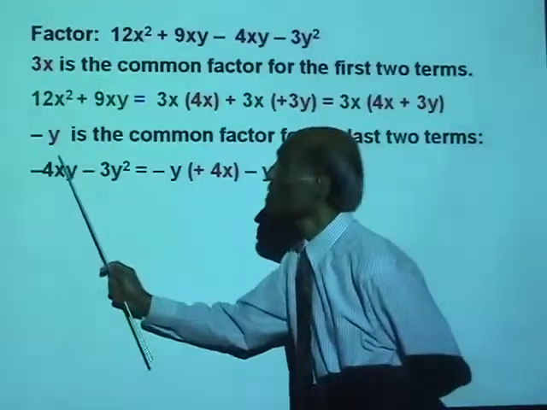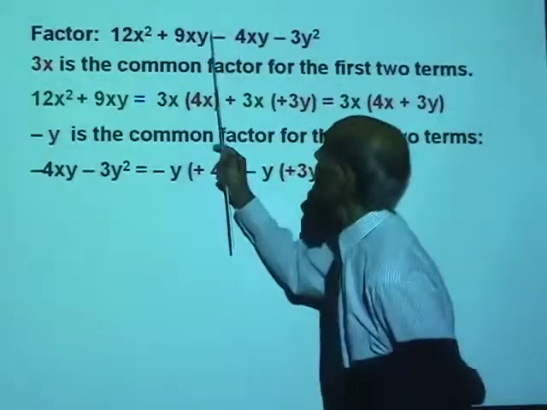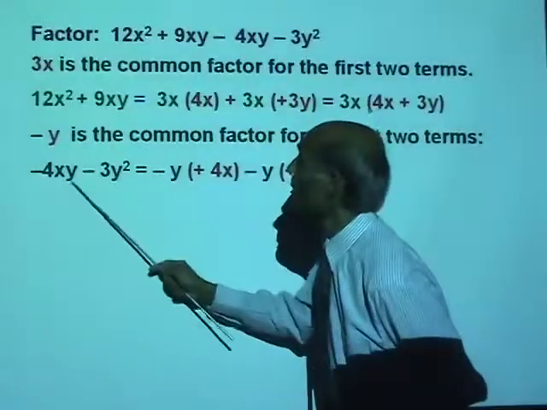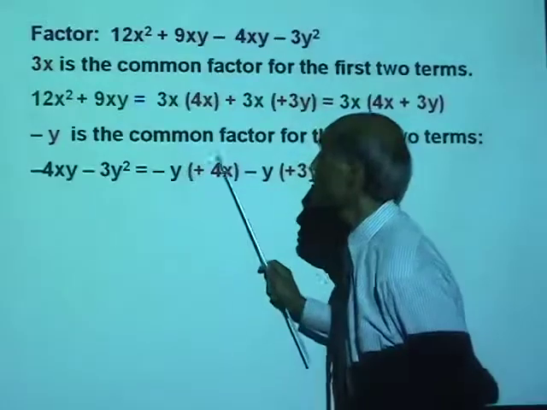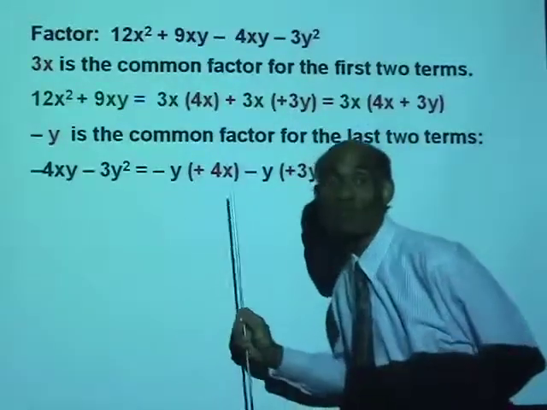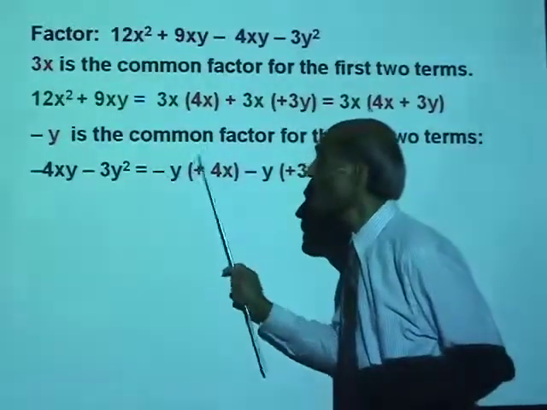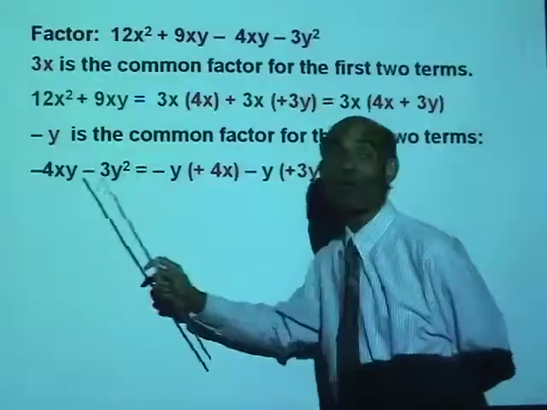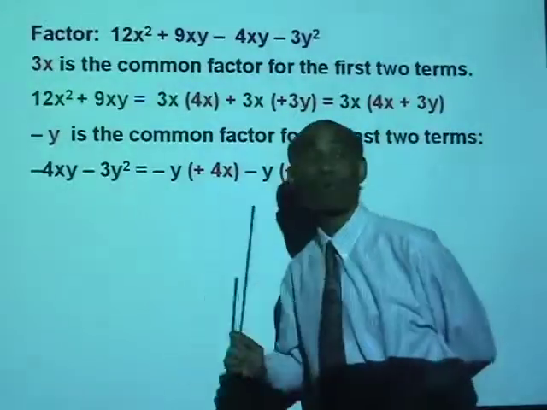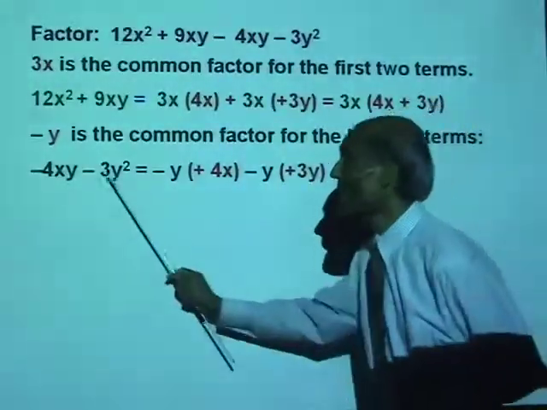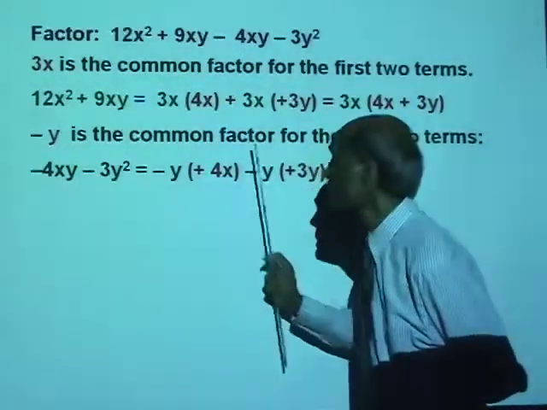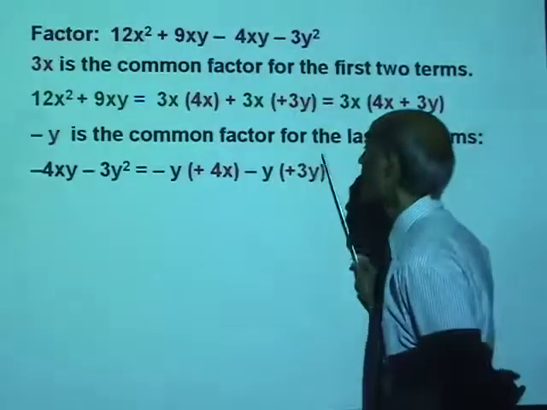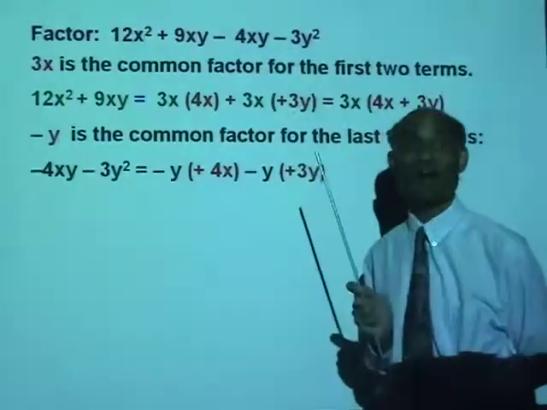So, look at the way I'm going to write it. Minus 4xy can be written as negative y times positive 4x. Negative y times positive 4x is negative 4xy. And negative 3y squared is written as negative y times positive 3y.